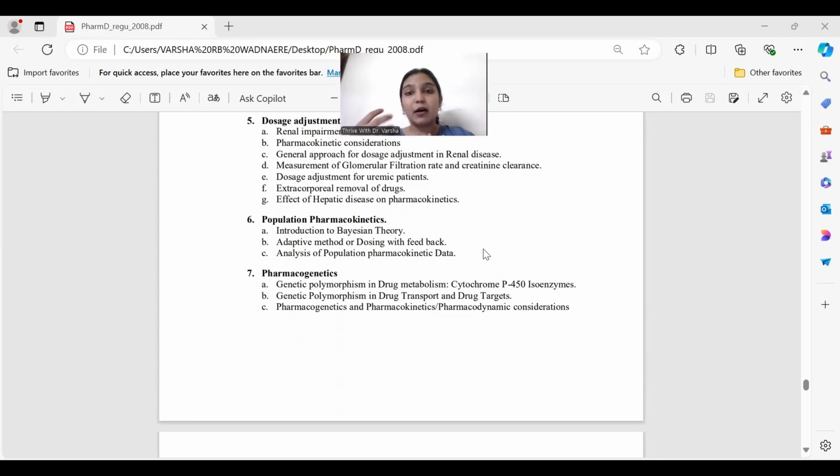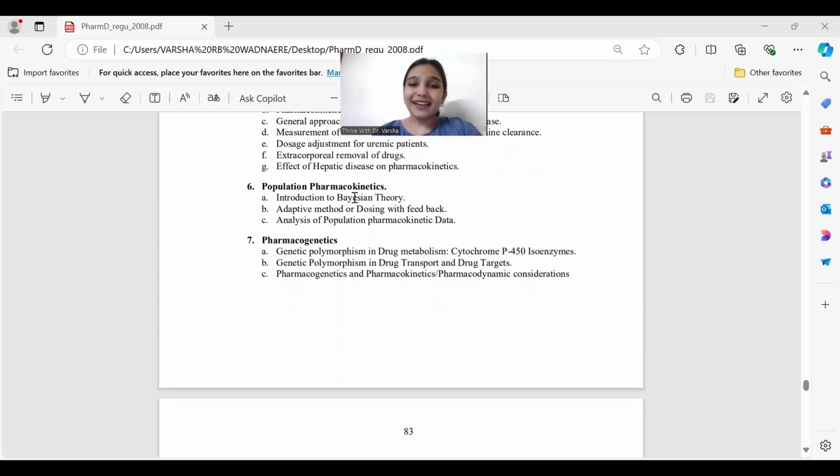You can develop an approach as well as a specific dosage regimen, or a dose of a particular strength, for a particular population of patients. You'll be learning through these methods. Again, this chapter will be for 10 marks, and they can maybe ask for 5 marks, but mostly it will be for 10 marks.